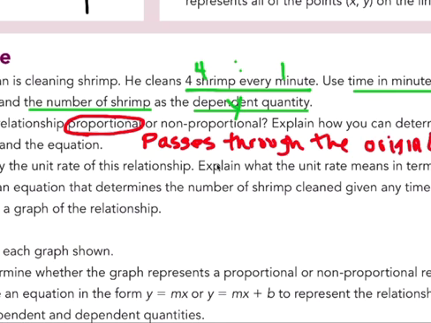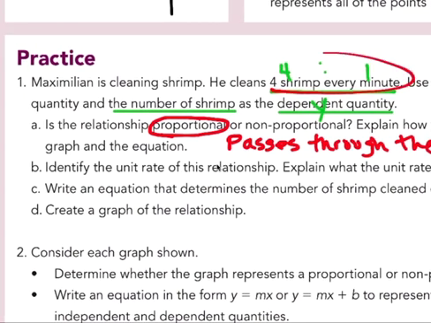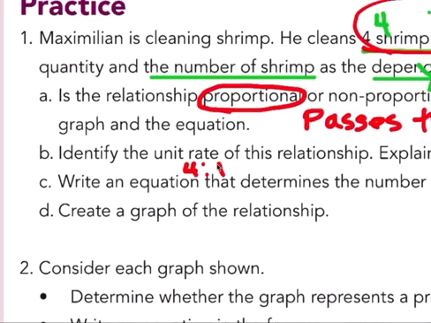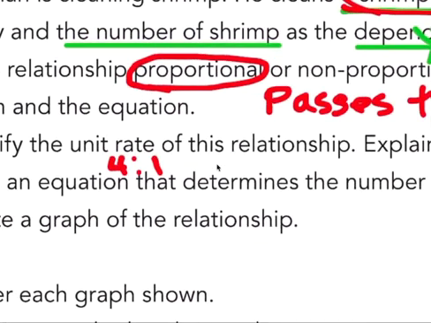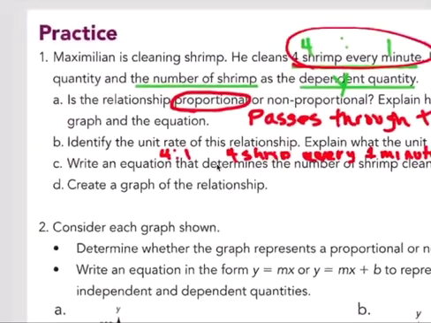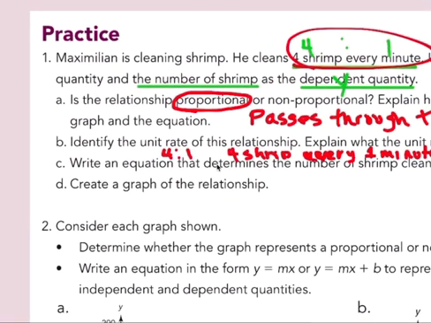And the meaning: 4 shrimp every 1 minute, or 4 shrimp per minute, or it can be written as 4 over 1. Write an equation. Oh, we already wrote an equation right here.